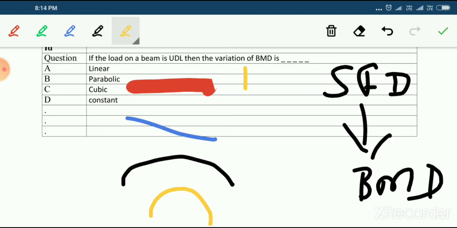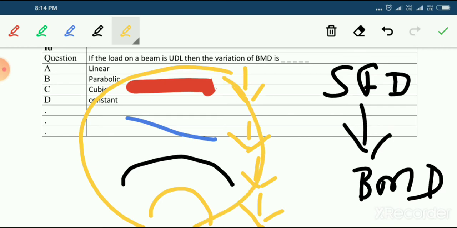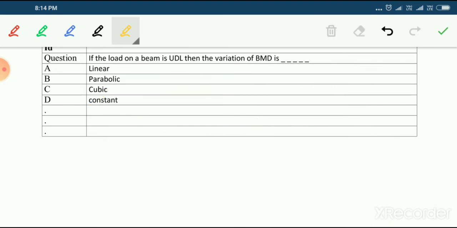If it is a straight line in SFD, in BMD it will convert to an inclined, varying line. If it is an inclined line in SFD, it will convert to parabolic. If it is parabolic, it will convert to cubic. If you remember this sequence, it may help in solving the objectives. Straight line, inclined, parabolic and cubic. Okay, we will move to the next question.